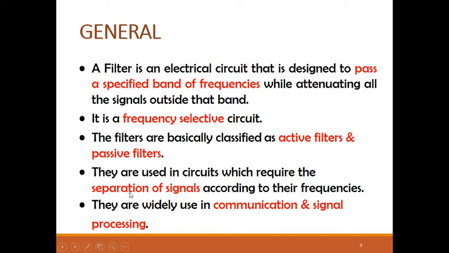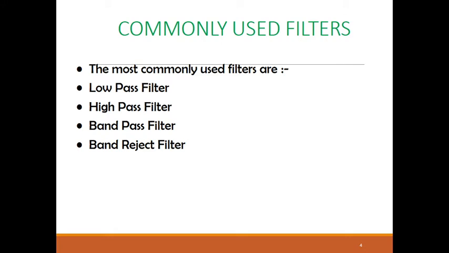It may be used for the separation of signals according to their required frequencies, and it is widely used in communication and signal processing applications. Mostly the filters are classified as the low pass filter, high pass filter, band pass filter, and band elimination or band reject filter. These four types we'll discuss one by one.